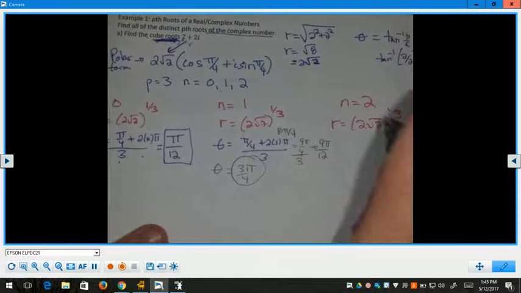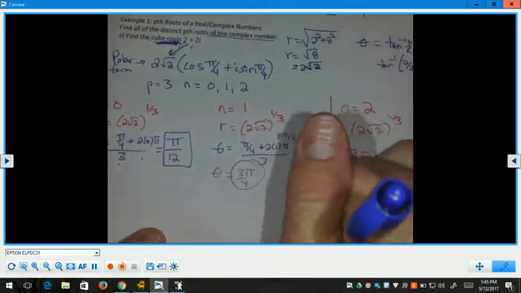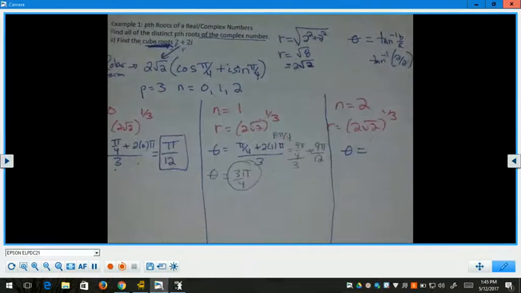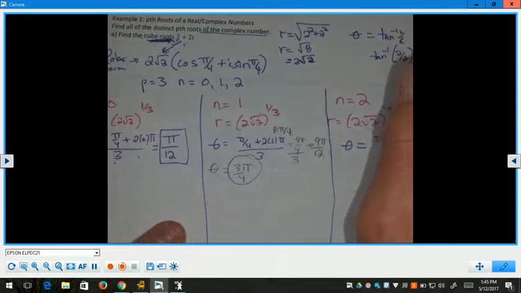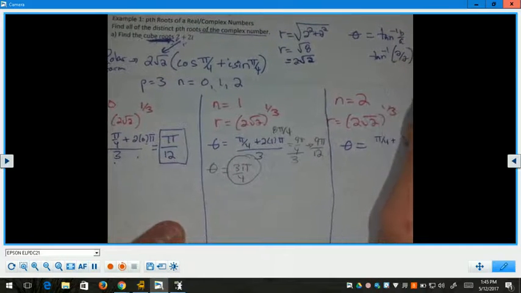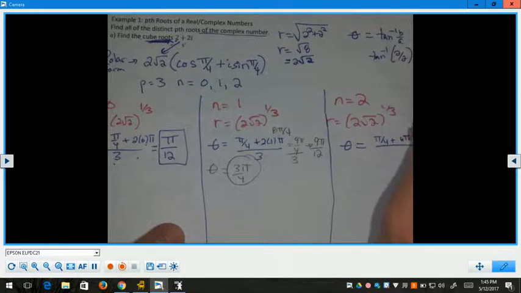Go ahead and find theta for the next one that we're going to calculate in just a second. We'll get to calculating these 3 roots. No, not 6.